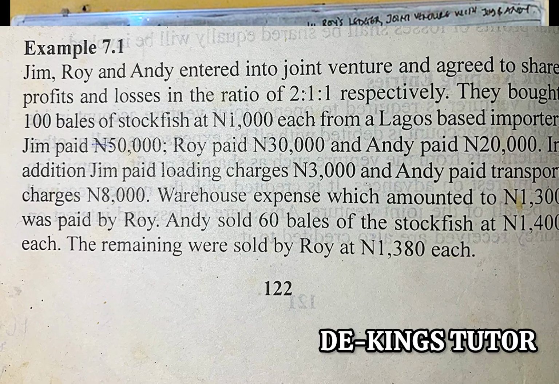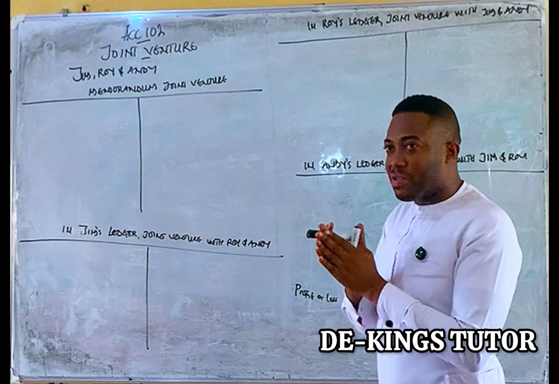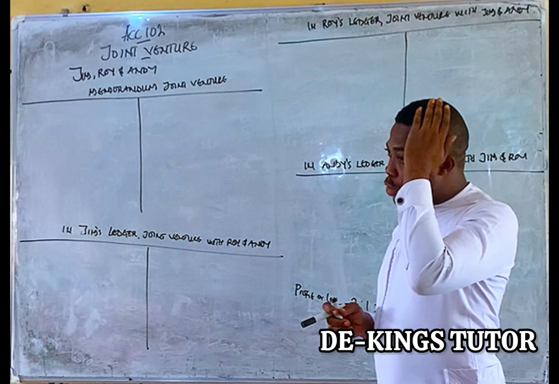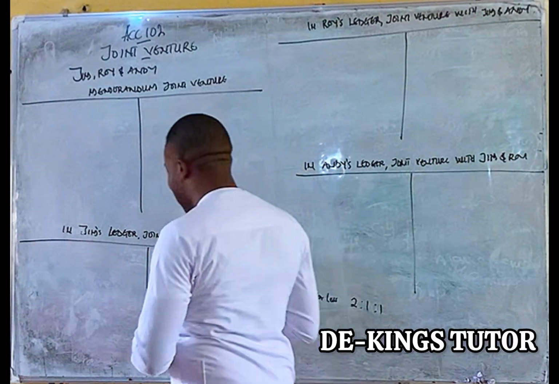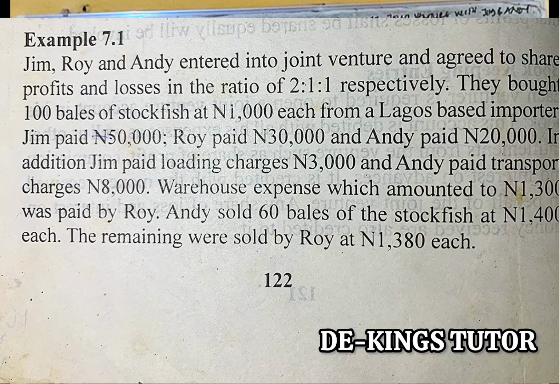They bought 100 bales of stockfish at 1,000 naira each. Okay, so they incurred 1,000 times 100. Continue. From a Lagos-based importer.